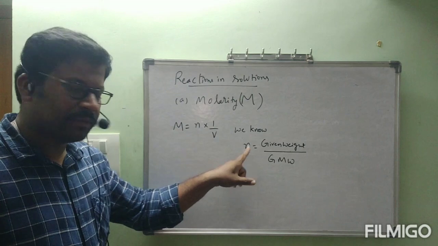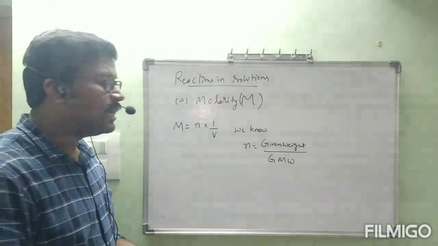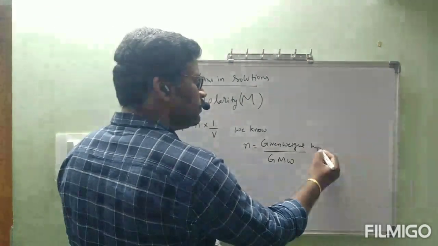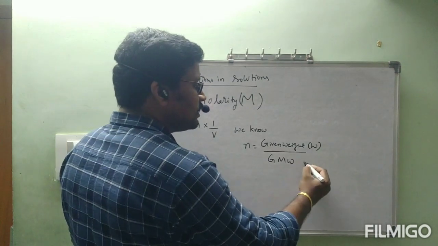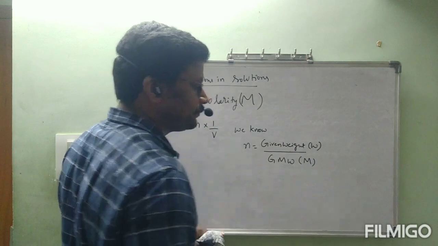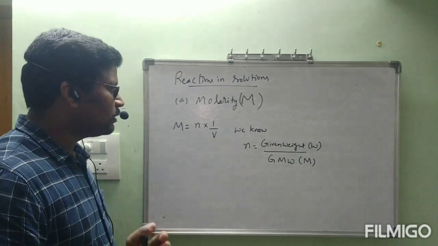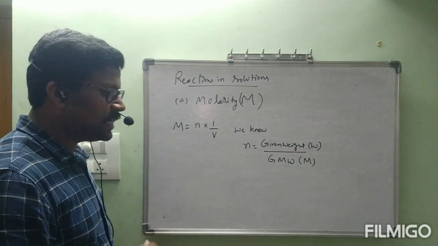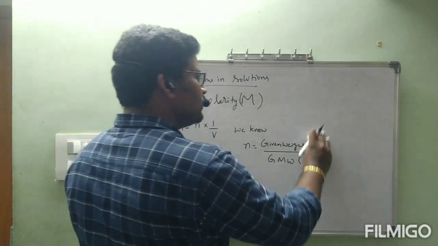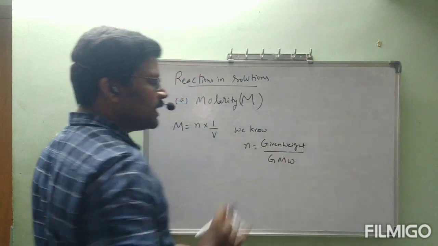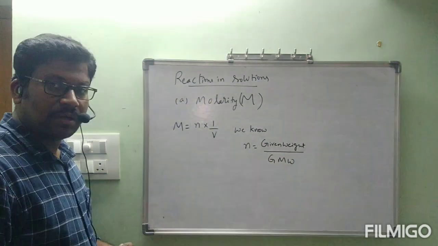Number of moles equals given weight by gram molecular weight. Let given weight be W. Oh sorry, you will be confused again. If I write capital M here, and molarity is also capital M, you will be confused. So just drop this one and directly write given weight by gram molecular weight.